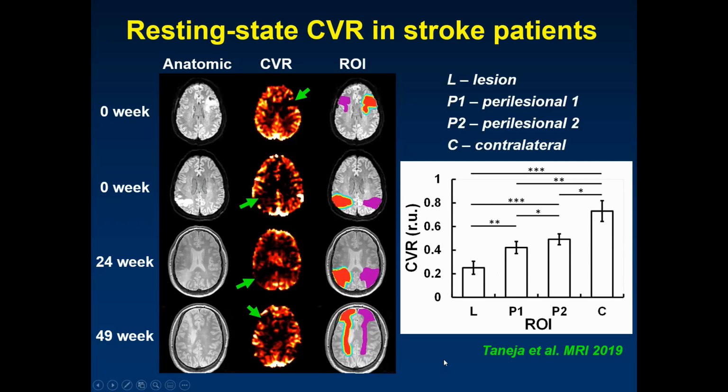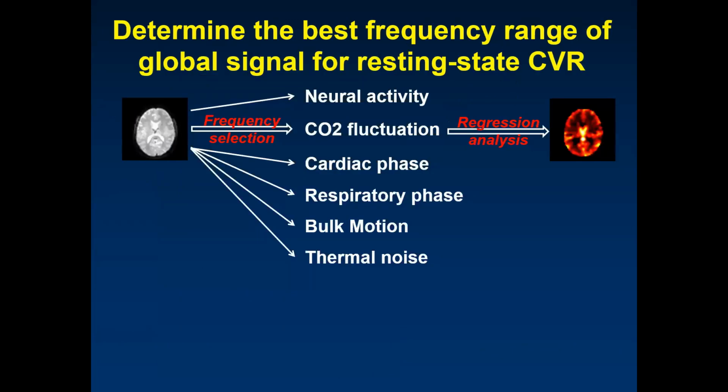So these studies showed the proof of principle of this idea to use the global signal fluctuation as a regressor for relative CVR mapping. Then how can we further improve it? We know that the BOLD signal is from multiple signal origins and is contributed by neural activity, CO2 fluctuation, cardiac and respiratory phases, bulk motion, and thermal noise.